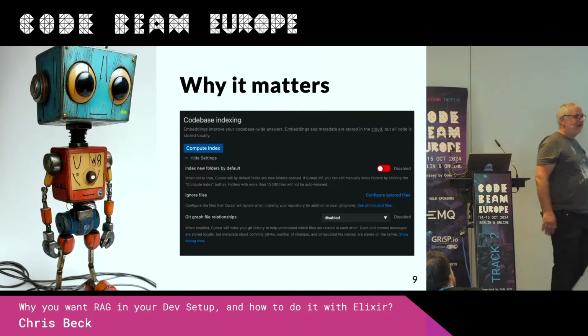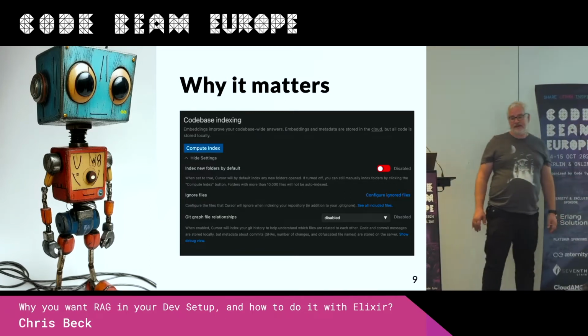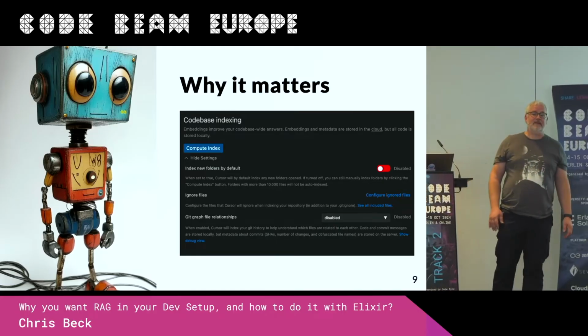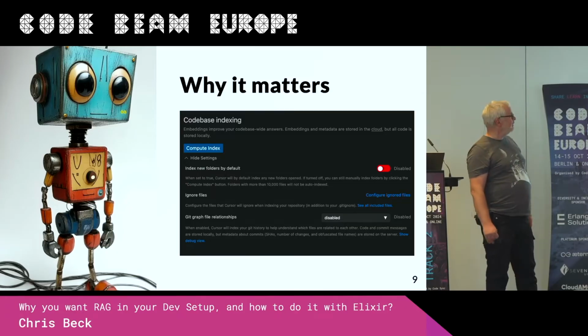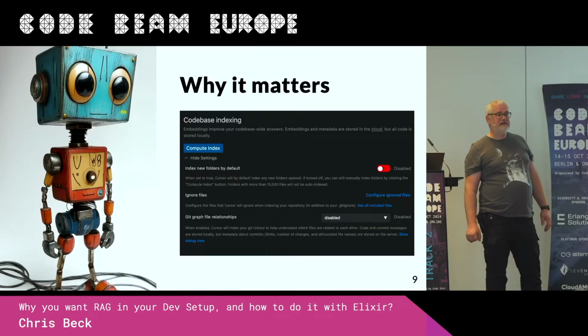If you have played around with RAG before, or especially if you have played around with RAG on code bases, you might have seen that often they produce quite great results.